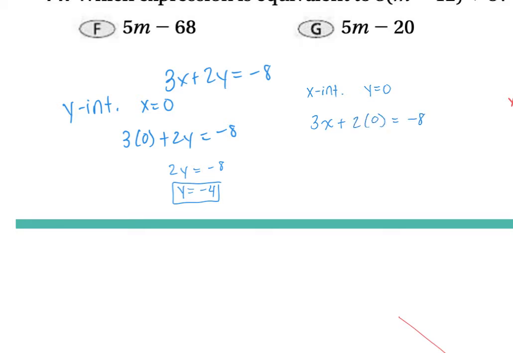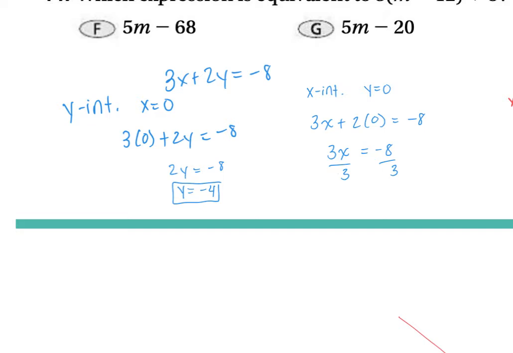And then it would be 3x equals -8, and you divide them both by 3. 3 or -3? What do you think? 3. Okay. Why? Because the 3 is positive. You don't want it to be negative, right? Because if we divided by -3, we would get -x, and that would be weird, okay? So let's just divide by 3.